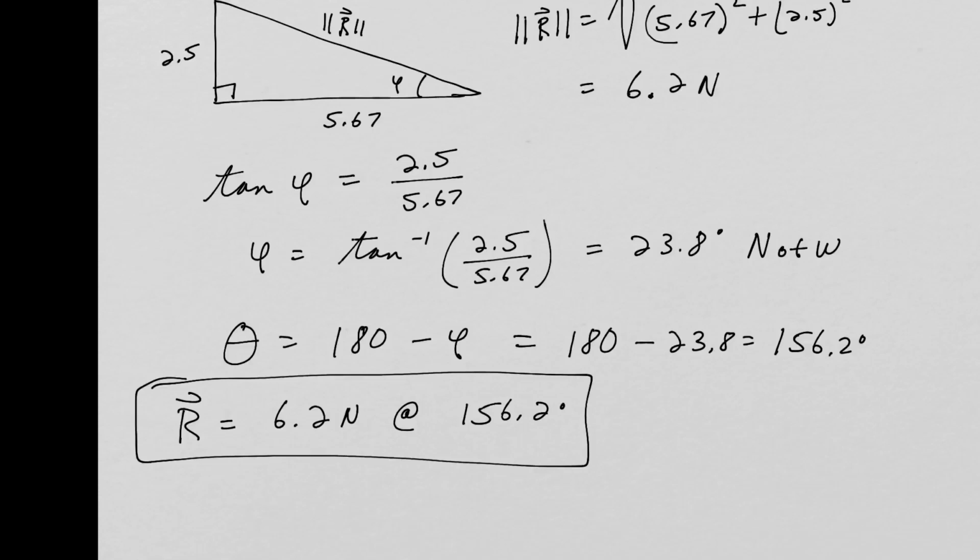It's a little harder. It has three vectors that we want to add together. So let's say I want to add vector A, which I'm going to say is, also assume it's a force vector, 2.5 newtons at 30 degrees.